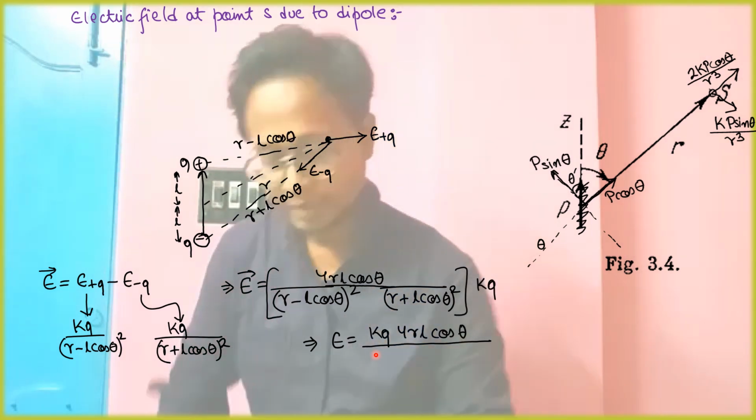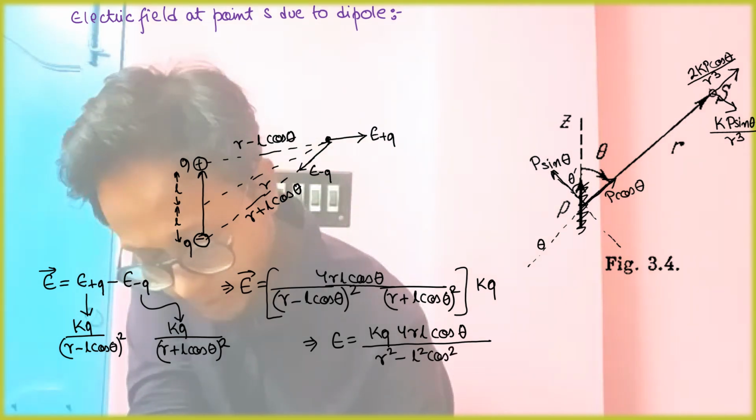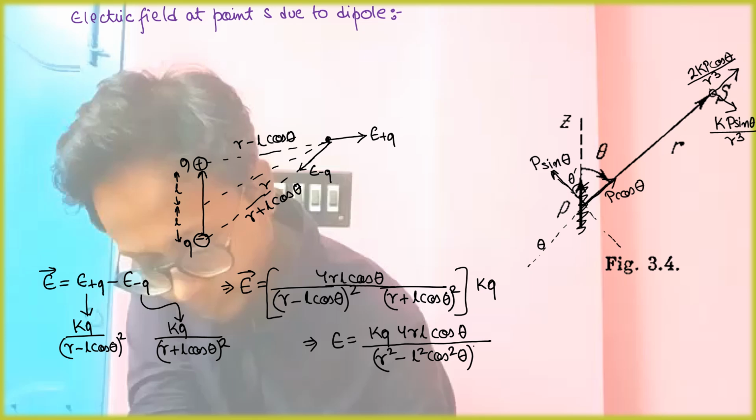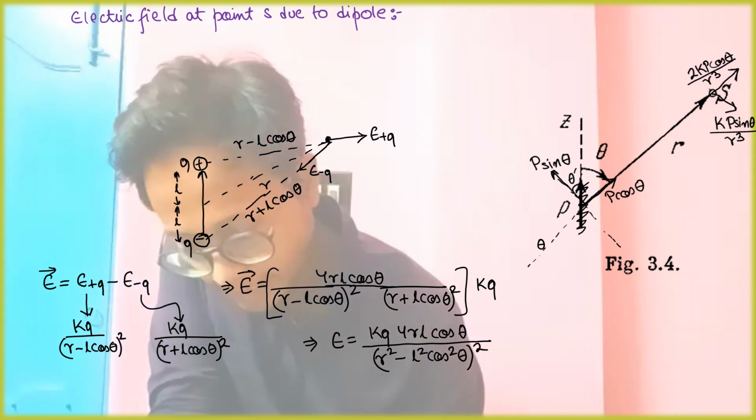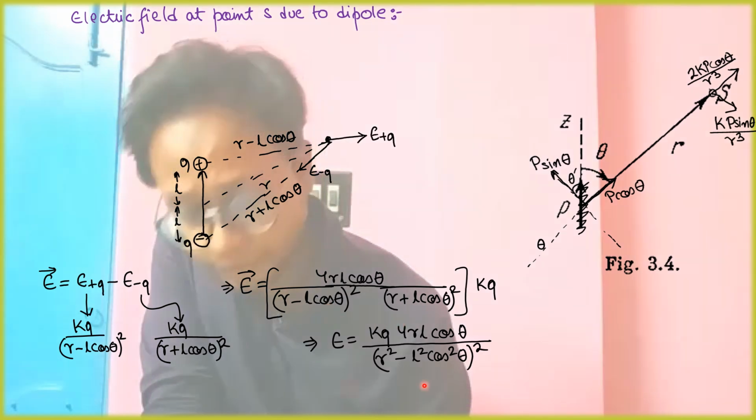So this is nothing but R square minus L square cos square theta whole square, isn't it? See, A plus B into A minus B whole square. This can be written as, understood?